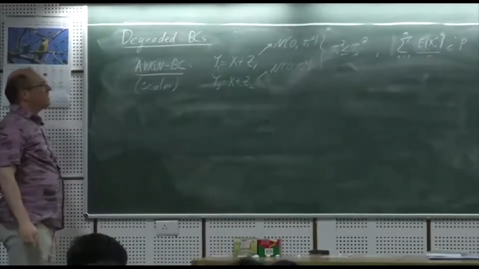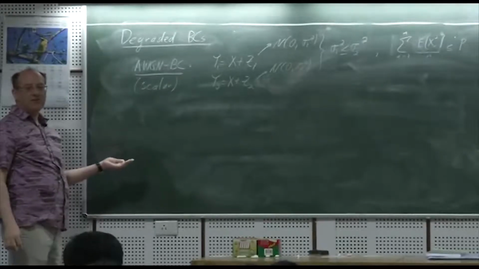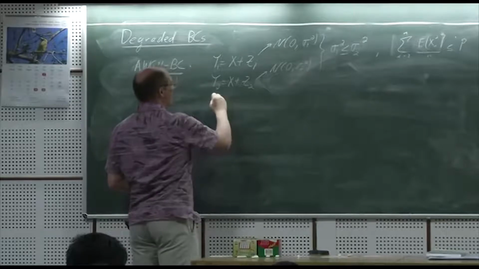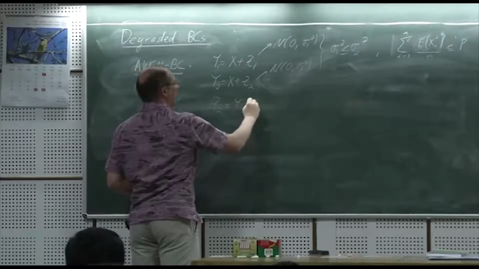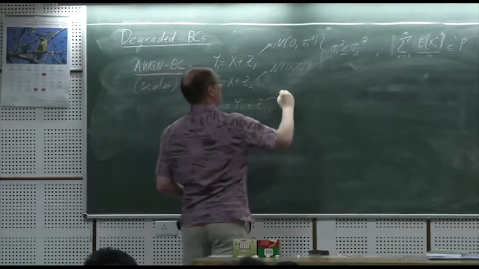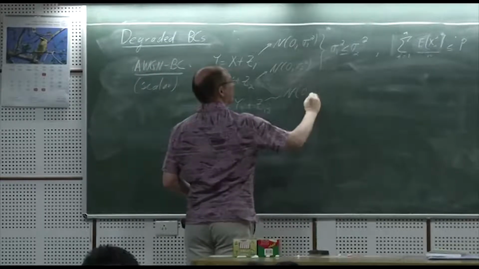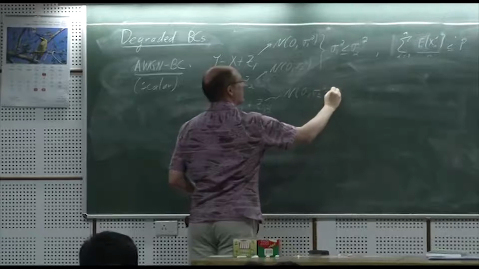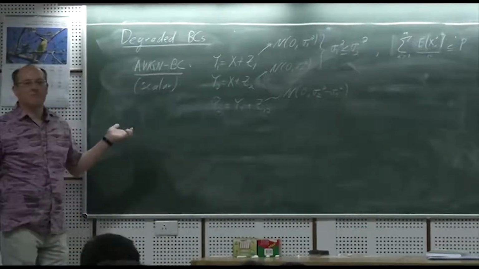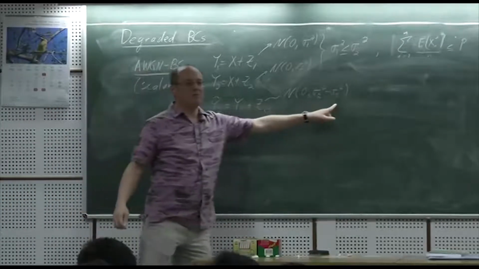All right, is this channel degraded? Well, we said yes, because we can come up with another channel where y2 is just y1 plus z', where this is zero mean with variance sigma 2 squared minus sigma 1 squared. And then the marginals are the same. Here I can just subtract the variances.